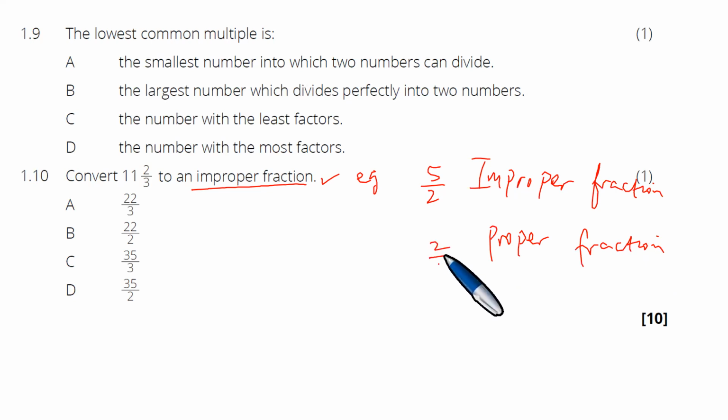Right, for this one I can give 2 over 3. Here it means that the numerator is smaller than the denominator.